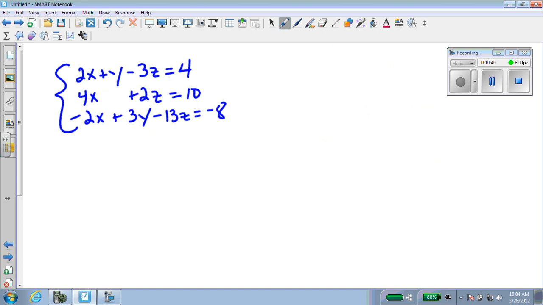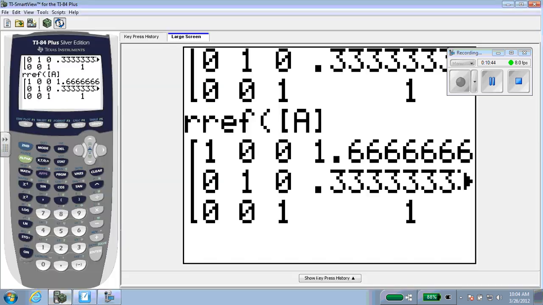Okay, one more. I'm going to put this into the calculator. Second matrix.